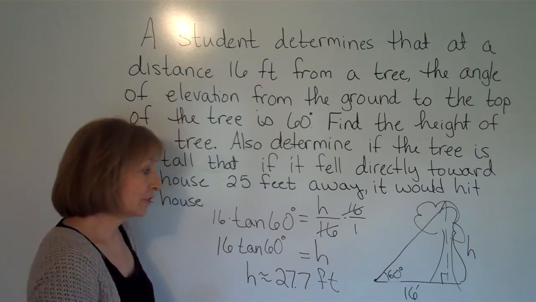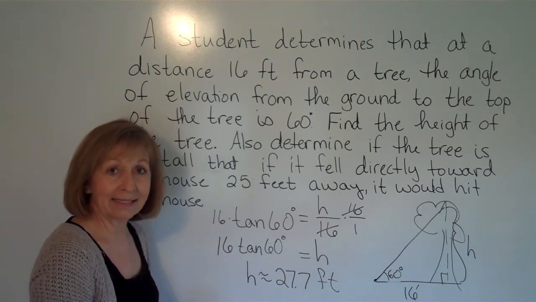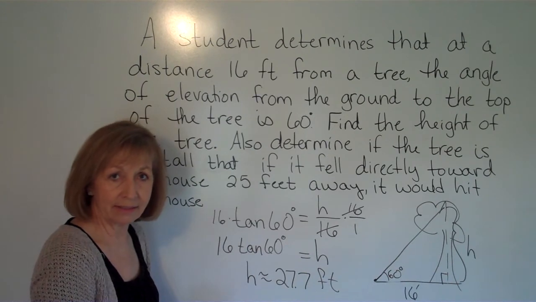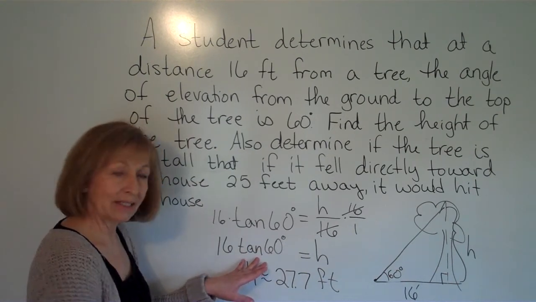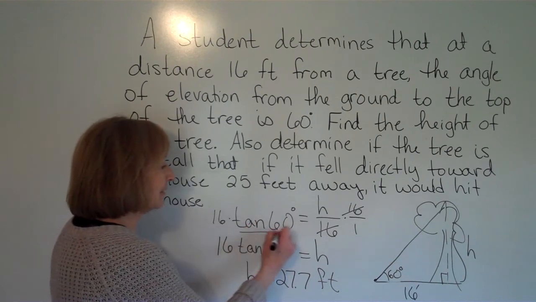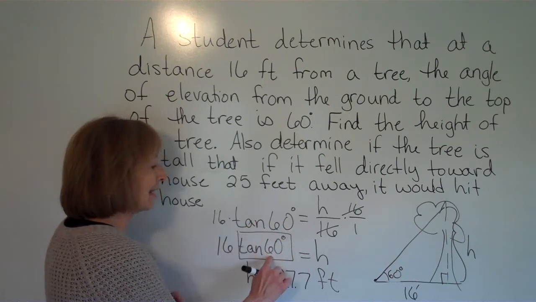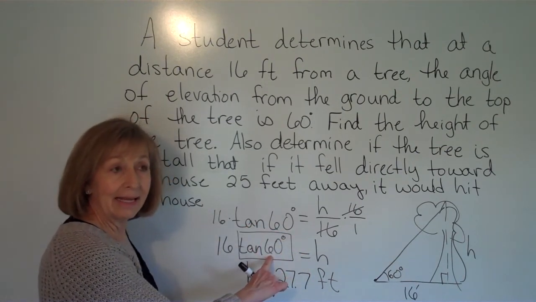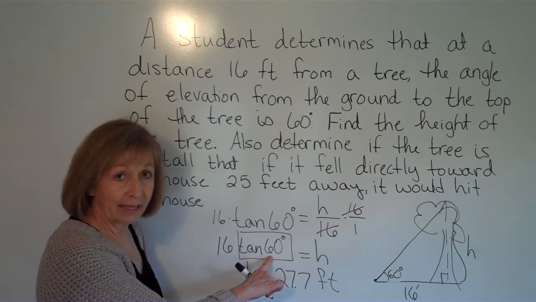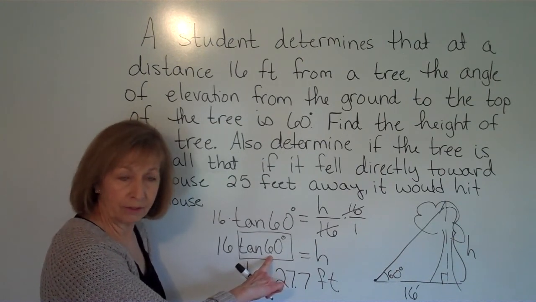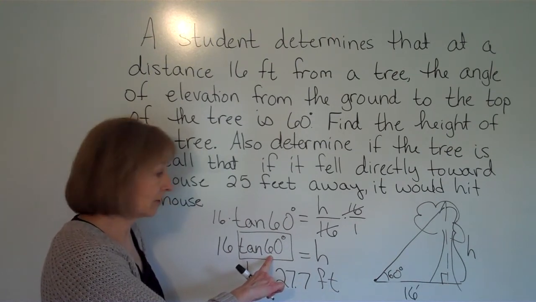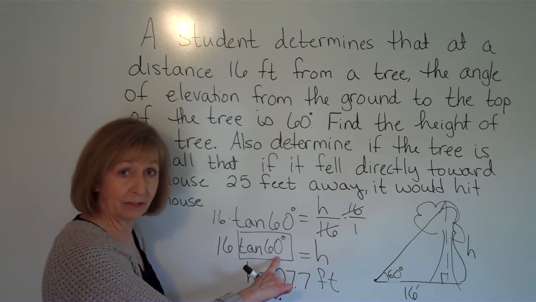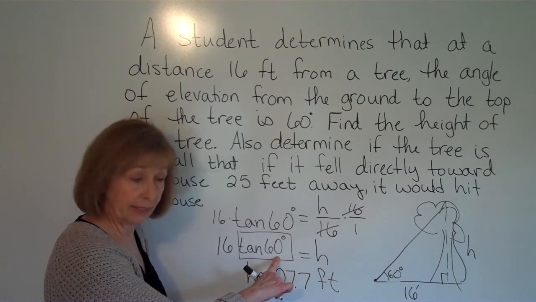Now, if it asks you to give the exact answer and then round it to the nearest tenth, well, 60 degrees is a nice angle. And again, if you haven't done that yet, it'll come further into the course. If you have done that, remember that the tangent of 60 degrees is the square root of 3.